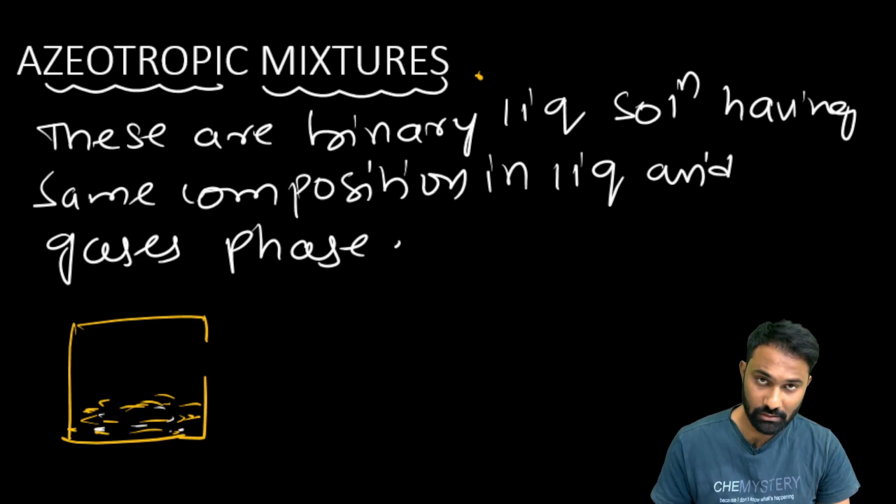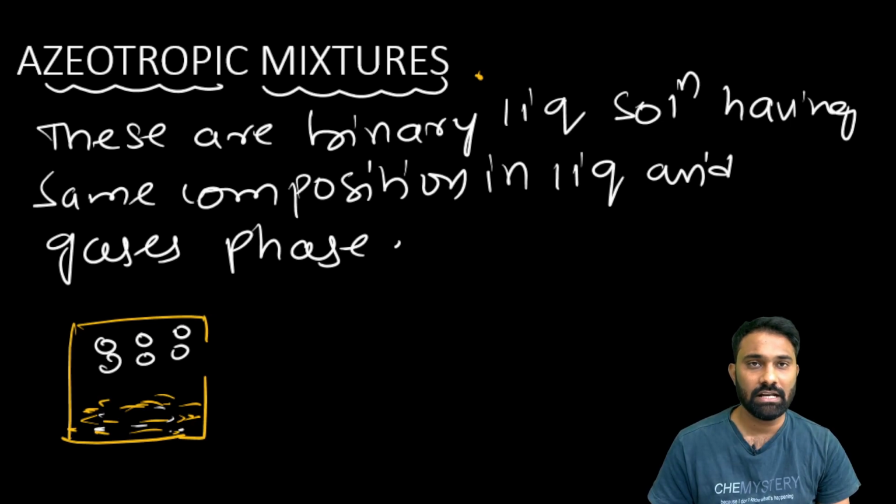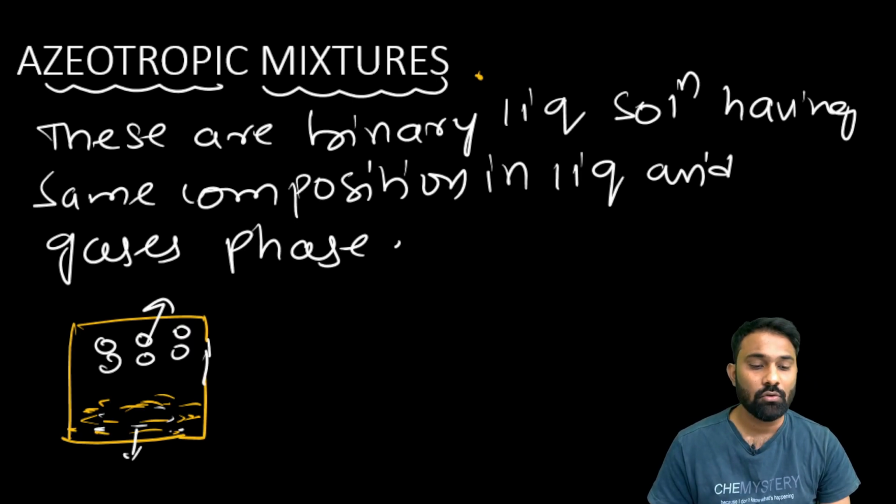Now when this azeotropic mixture has been converted into the gaseous phase, in the liquid phase and in the gaseous phase its composition will be the same. Sir, how will the composition be the same? I will explain through the graph. With the graph it will be clear.